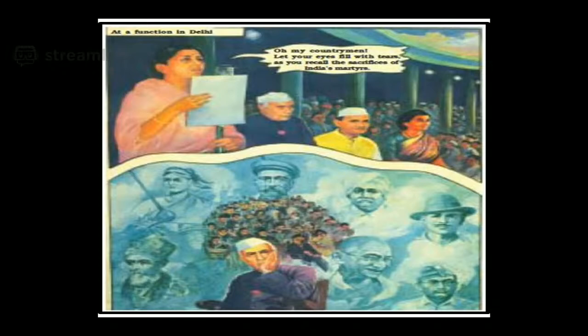You'll read about him in this chapter that we are going to read now. Then Bhagat Singh, Bal Gangadhar Tilak, Rani Lakshmi Bai. So all these, and there are many more which we can't make out because the picture is so small.